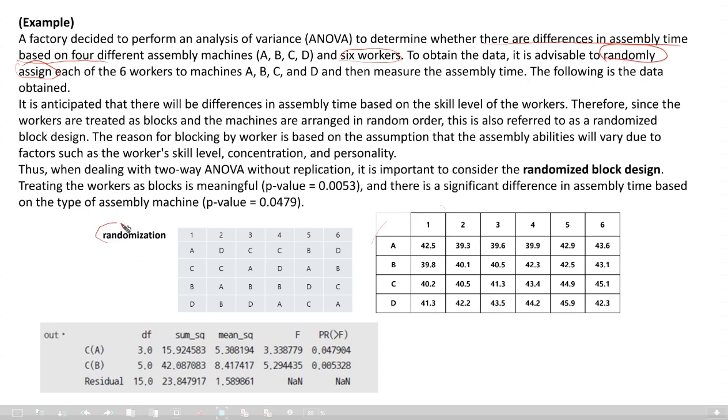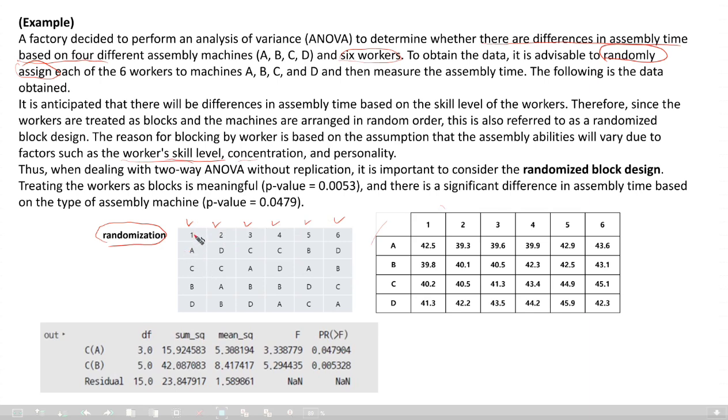What is randomization? They are persons 1, 2, 3, 4, 5, 6. They are different persons, so they have different skill levels: workers' skill level, concentration, personality and so on. So these persons are not identical, so you need to randomize the machine order.